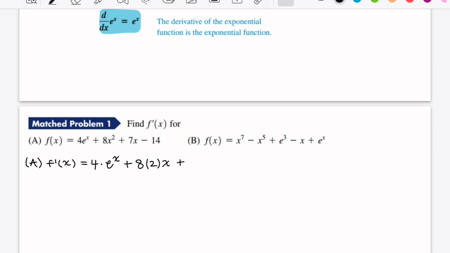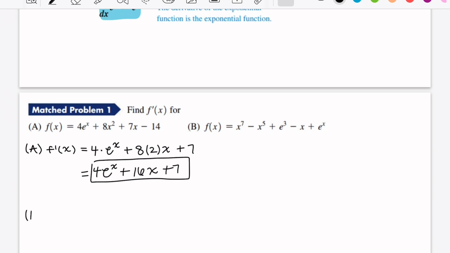For 7x, our 7 stays out front, and then we'll have x to the power 1 minus 1, which is 0, so we just get 7. Then we know the derivative of a constant is just 0. So we have 4 e to the x plus 8 times 2, so 16x, plus 7. That is the derivative of this function.